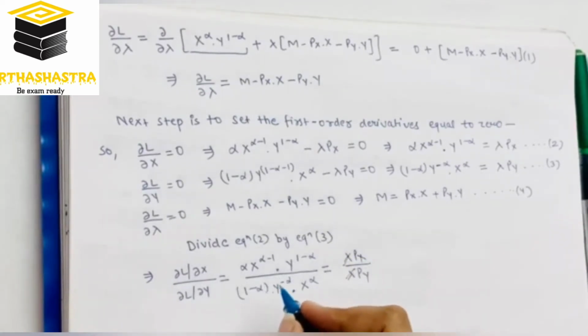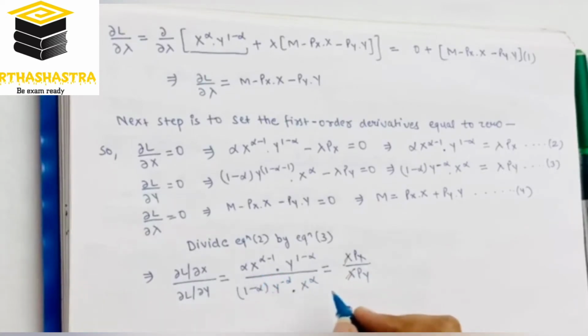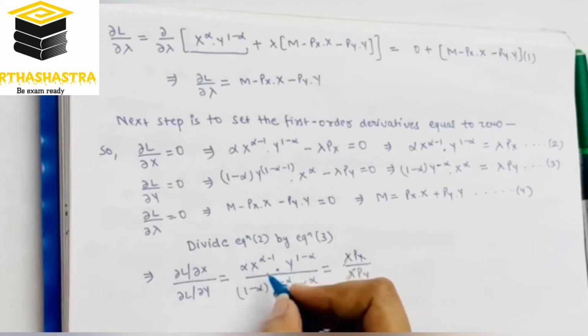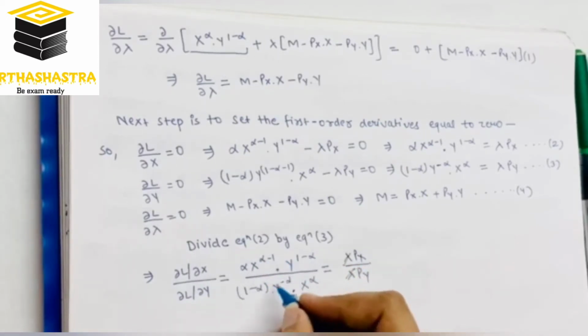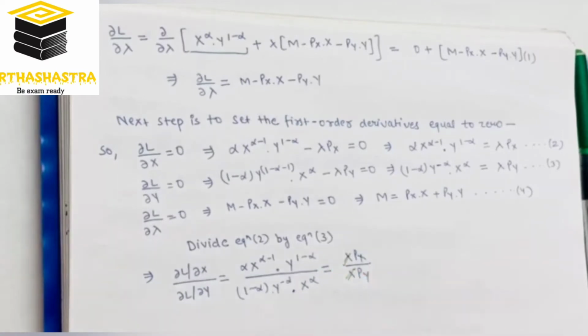Now we will take the x terms together. So we will take x raised to the power alpha. We will take the numerator to the denominator and the denominator to the numerator.